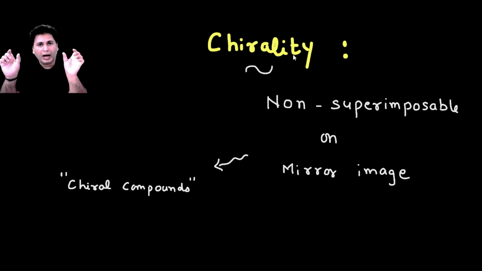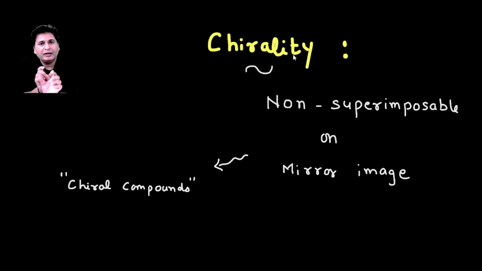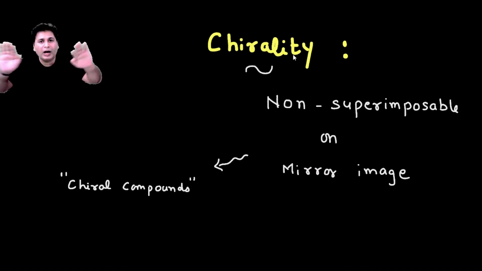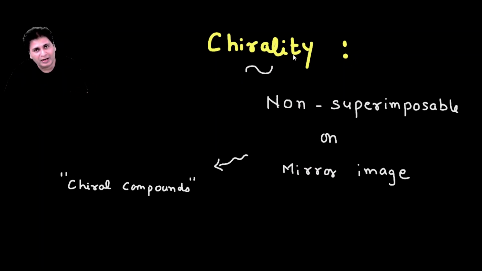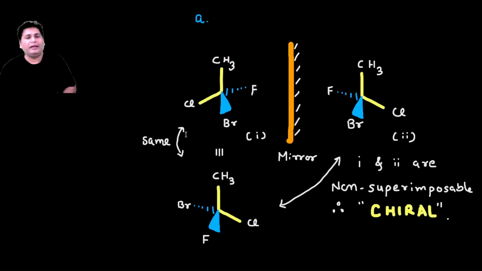If both do not fit ditto on each other, both are non-superimposable, then in that case you say that the two are different compounds, the two are enantiomers, or the two are not the same. That is the meaning of chirality, non-superimposable on mirror image. Now let us take example A.